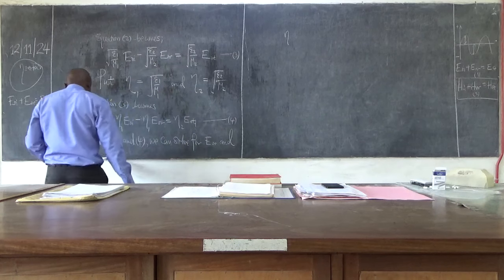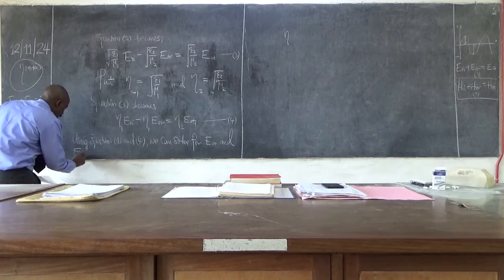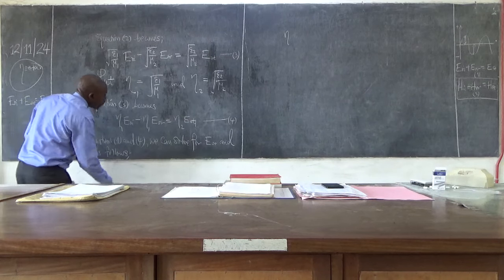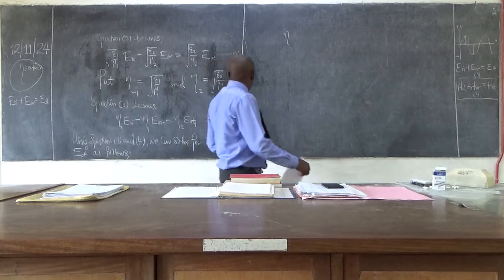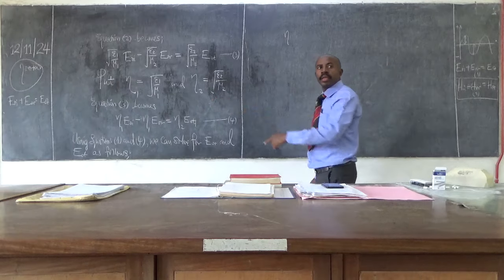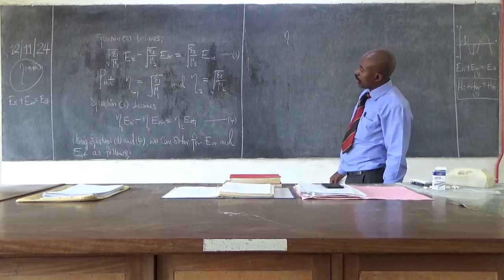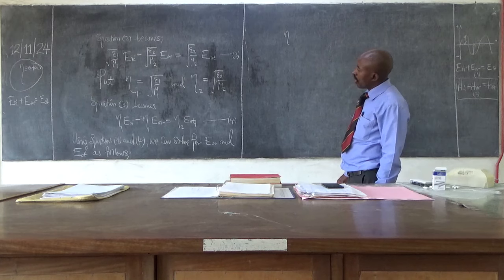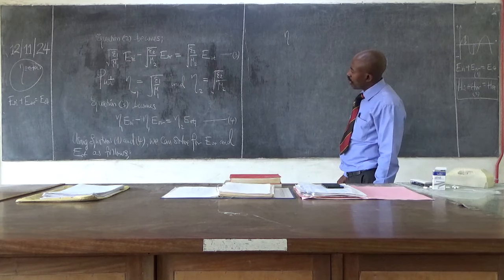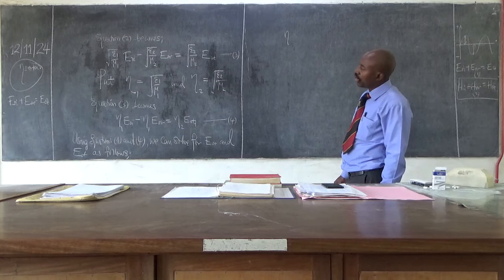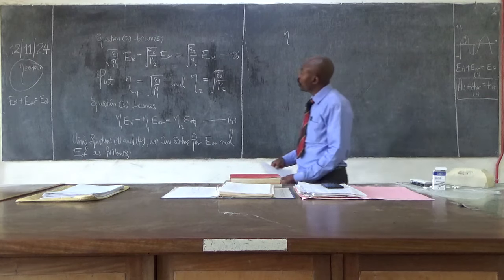So we can say, if we use instead of writing E 1 over mu 1, you've written E2 over mu 2 here.